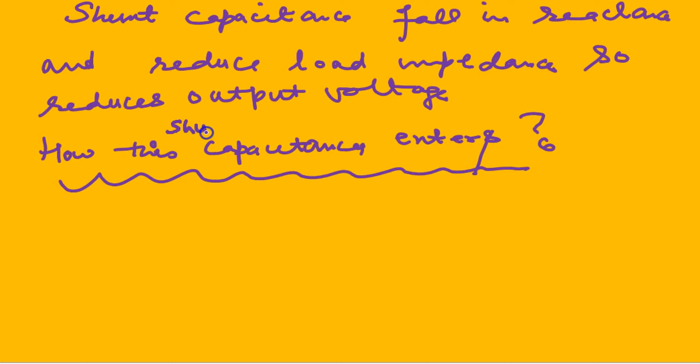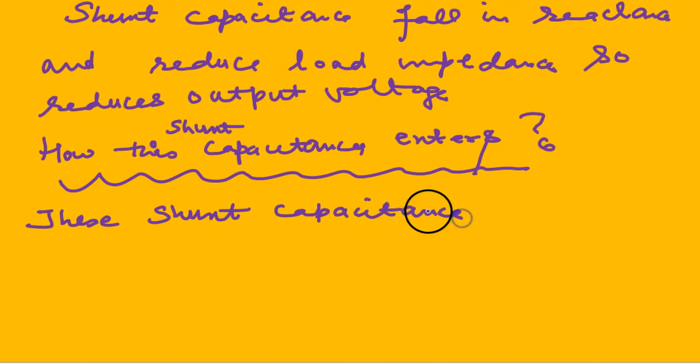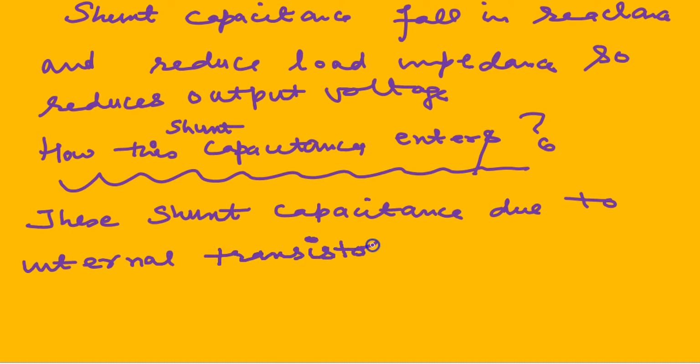Now the one question comes in mind of how the capacitance appears in the circuit. The shunt capacitance is due to the internal transistor circuitry.